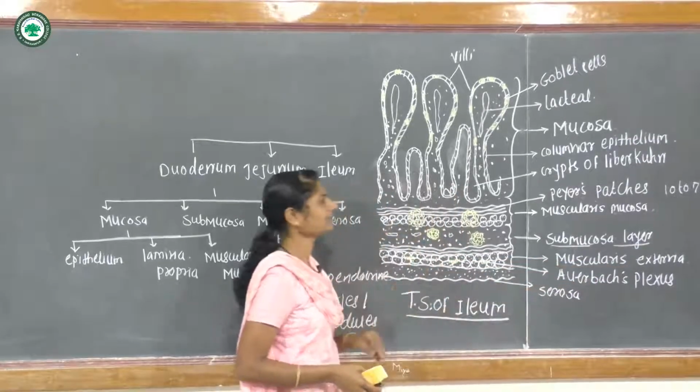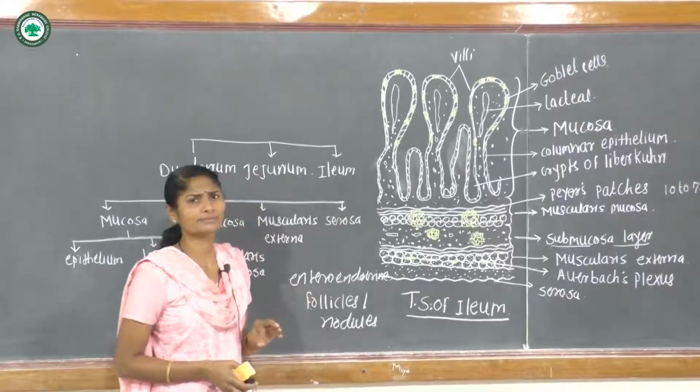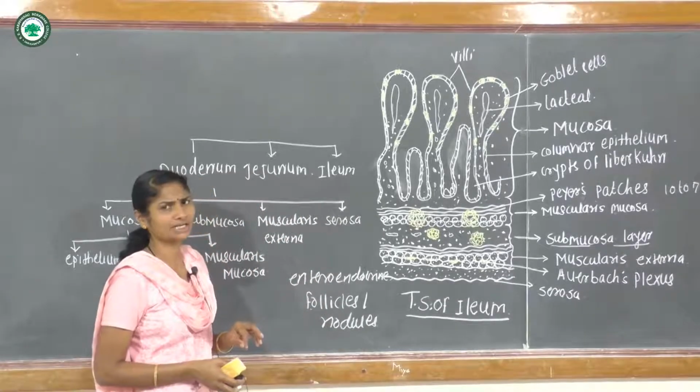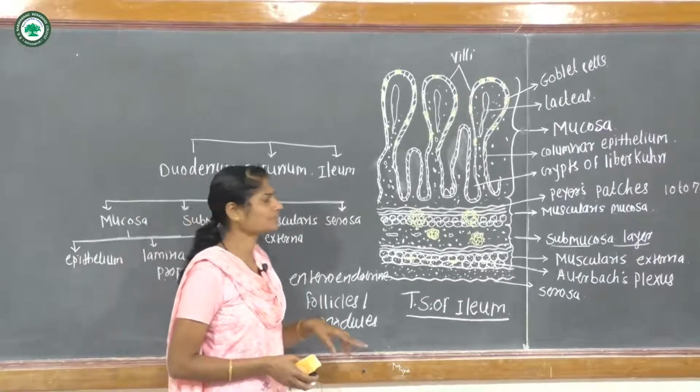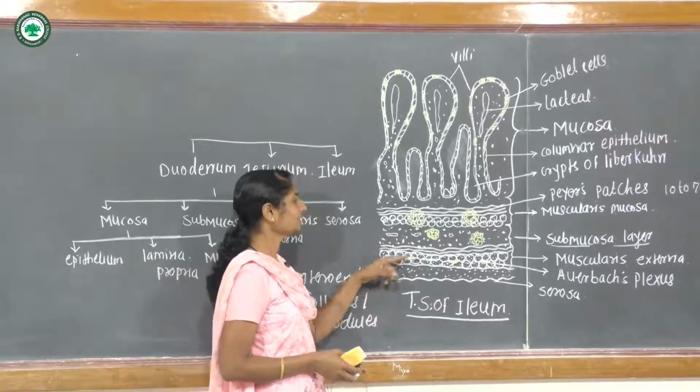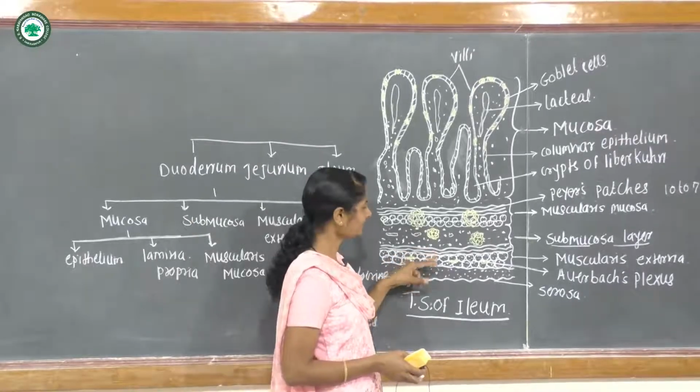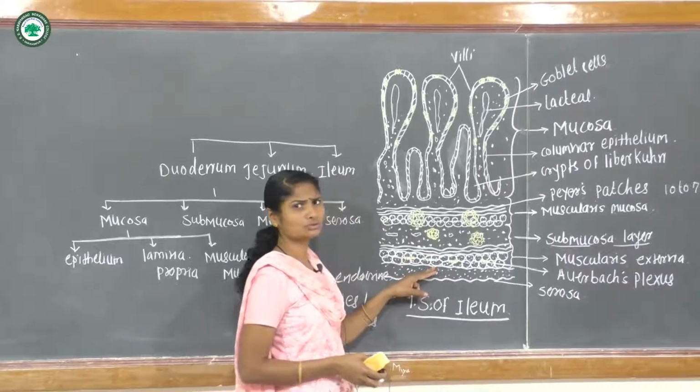Next layer in our list is Muscularis externa layer. In this layer, again smooth muscle fibers are present, and these are of two types, inner circular muscle and outer longitudinal muscle.